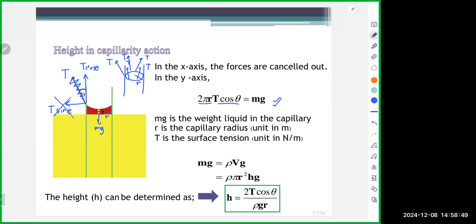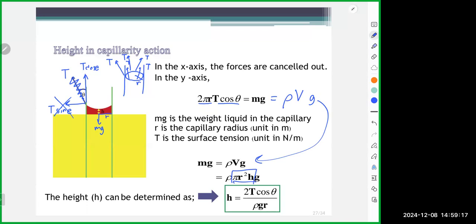Because the mass in this case we can change into rho V g, and we can transform the volume into that of the cylindrical tube.